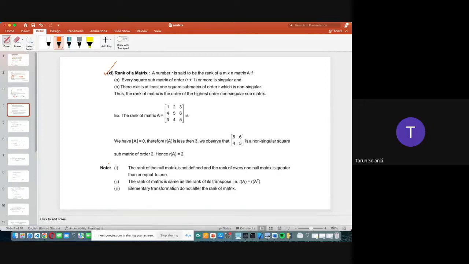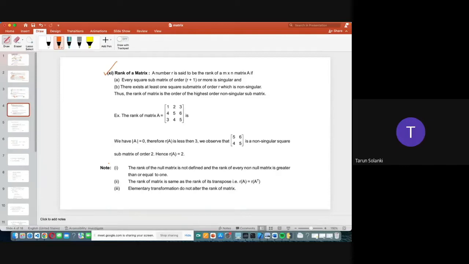Now there are three notes given. First, the rank of the null matrix is not defined, and the rank of every non-null matrix is greater than or equal to 1. Second, the rank of a matrix is the same as the rank of its transpose, that is, rank of A equals rank of A transpose. Third, elementary transformations do not alter the rank of a matrix.